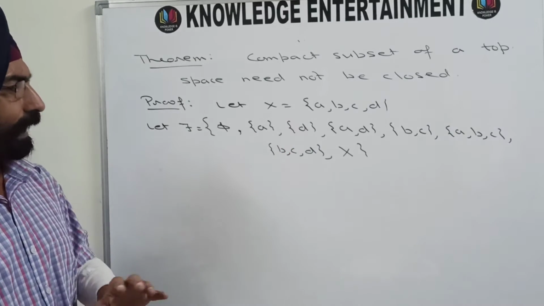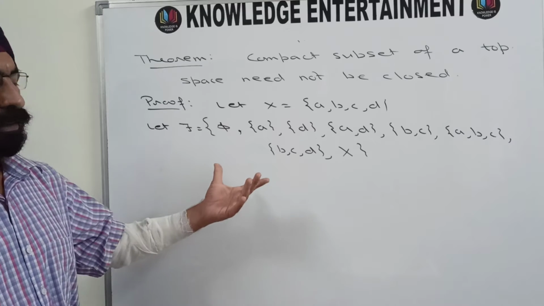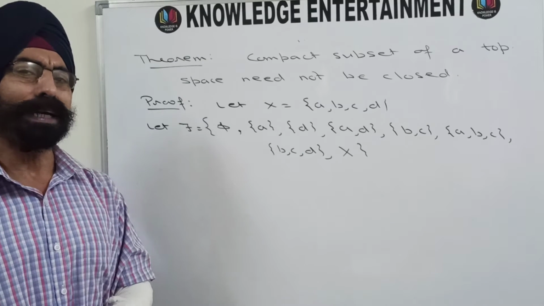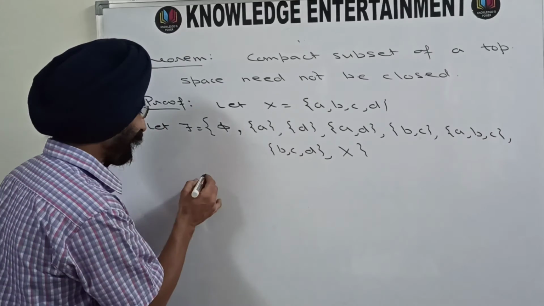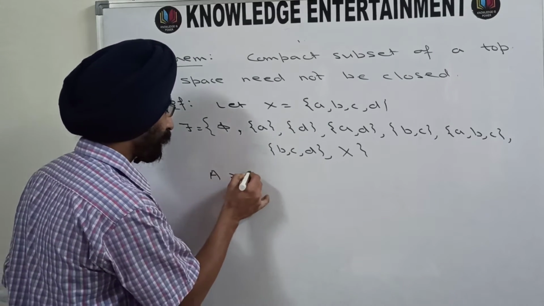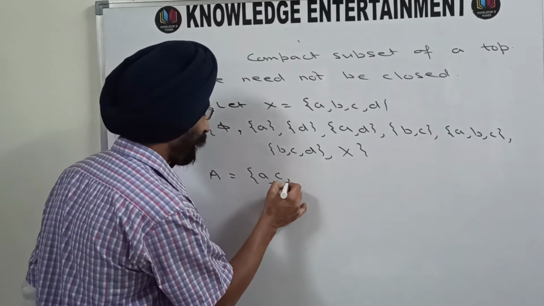You can check all four properties of a topology are satisfied, so it is a topology. And now I will show that there will be a compact subset which will not be closed. So let A be the set containing the points a, c and d.